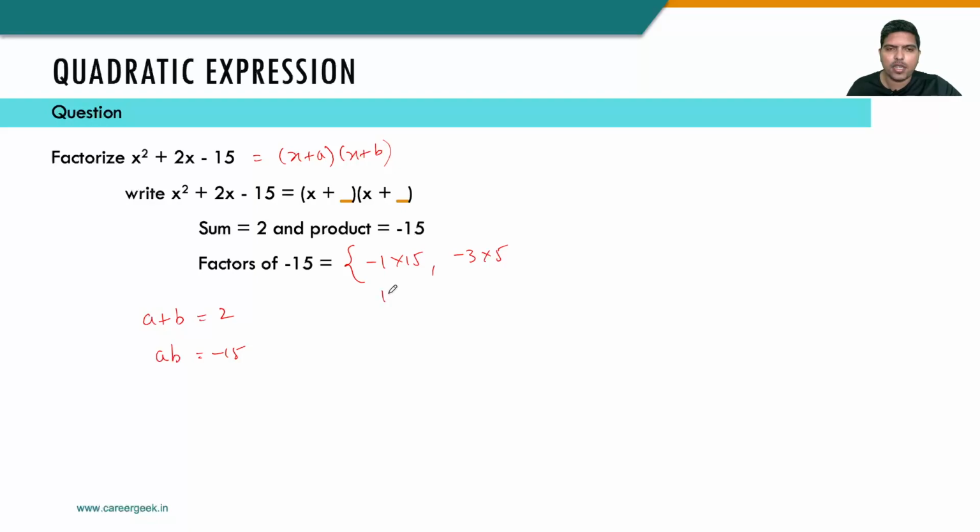We can exchange the negatives. Now check, the sum has to be positive. The sum is 14. This is out. The sum is 2. This is the correct answer. -14 and -2. So one is -3 and the other one is 5. It's very easy once you understand what is a sum and what is a product and take the factors properly.